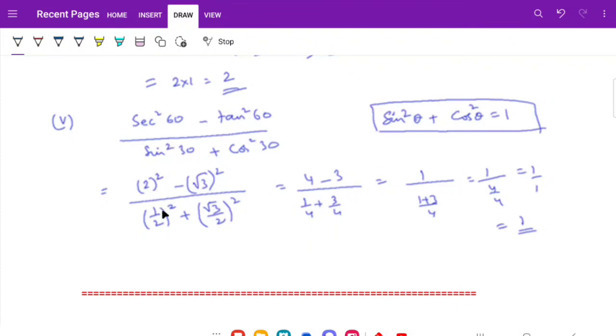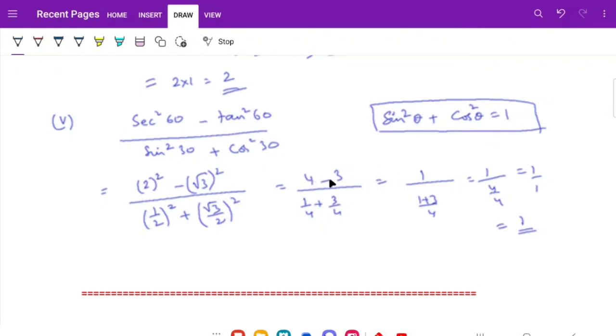Sin square means 1 by 2 whole square, plus cos 30 is root 3 by 2 whole square. So 2 into 2, 2 square means 2 into 2 we get 4. Root 3 into root 3 is 3. So if you multiply square root value 2 times, the root will go, that's all. Square root of root 3 into root 3 means root 9. Root 9 is a perfect square. So root 9 becomes 3.